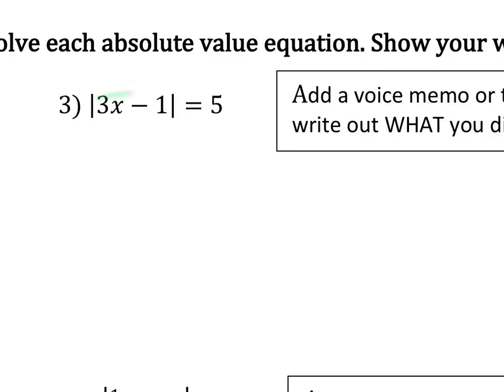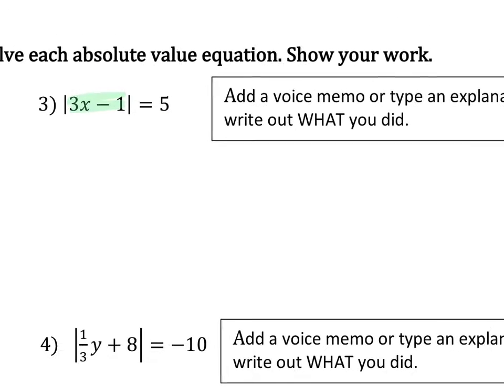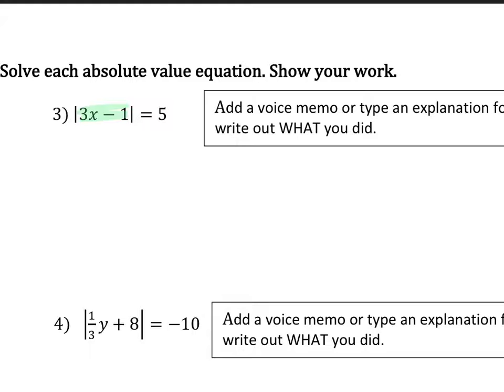There's nothing on the outside of the absolute value that I need to eliminate. So I'm going to write my reasoning: you can use AV to abbreviate absolute value if you want. Absolute value is isolated.